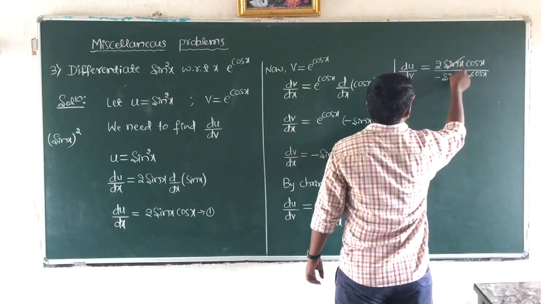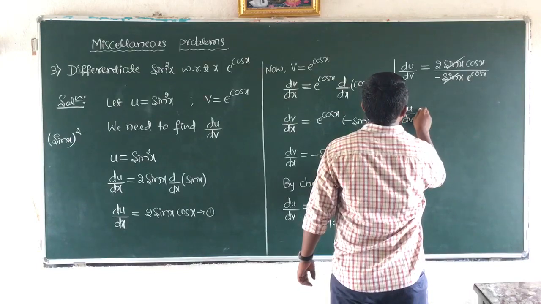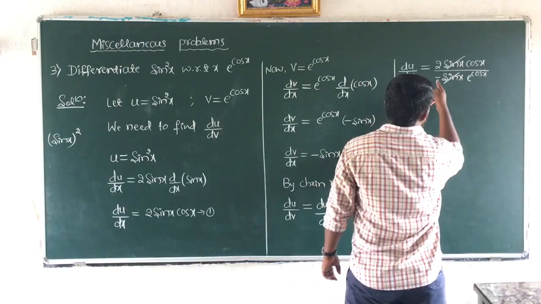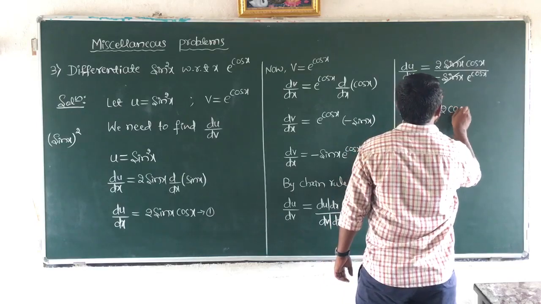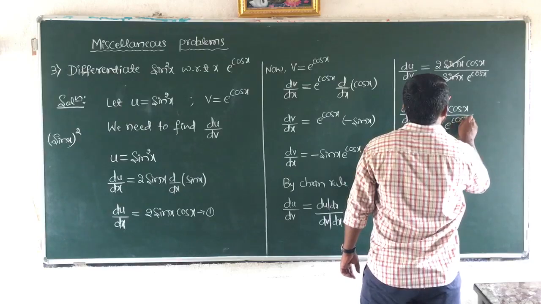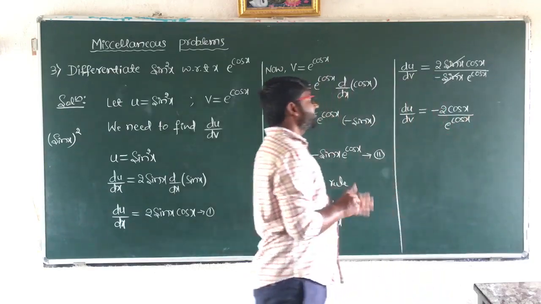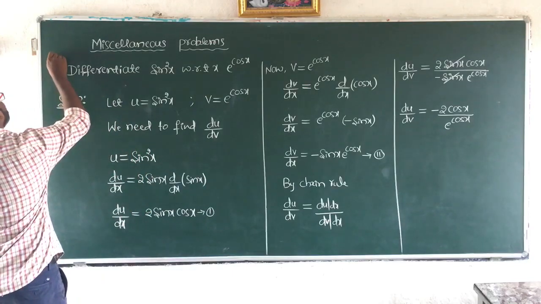So sin x and sin x get cancelled. Du by dv is equal to, I write this minus sign in the numerator, minus 2 cos x divided by e to the power cos x. So this is the final answer, and this was asked in 2017 for 2 marks.